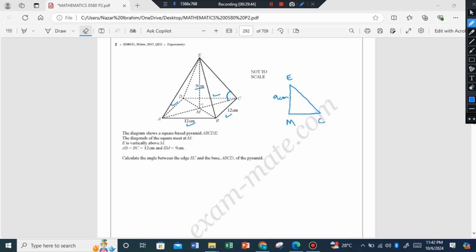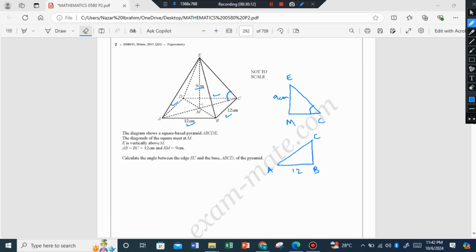This angle I want to know. I don't know any other two sides. So if I calculate MC, okay, can't calculate. Okay, AC. If I calculate AC, which is basically the diagonal of the square, I'm making this triangle A, C and B, ABC basically.